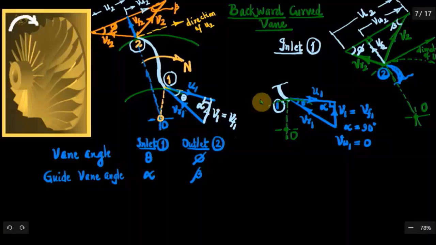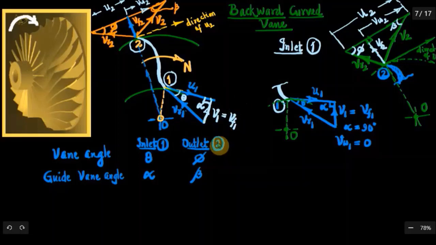So VW1 is 0, and alpha, the guide vane angle or guide blade angle at inlet, is 90 degree. Since the flow is axial, the absolute velocity must enter parallel to the axis. So it is in a different plane compared to the outlet velocity triangle. In our lecture number 2 we have explained this properly.